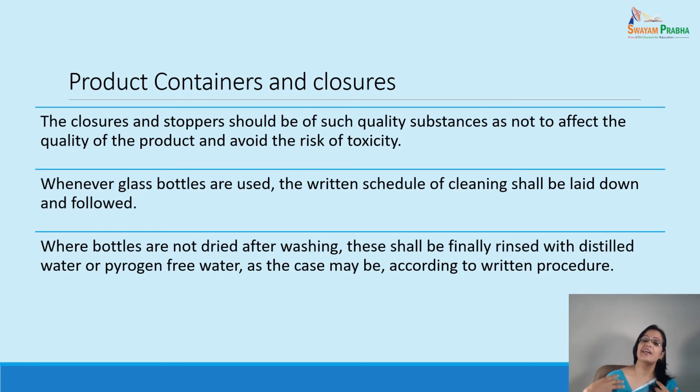If we are using glass bottles, a written schedule of cleaning shall be laid down and followed. Bottles that are not dried after washing shall be finally rinsed with distilled water or pyrogen-free water, as the case may be, according to the written procedure.